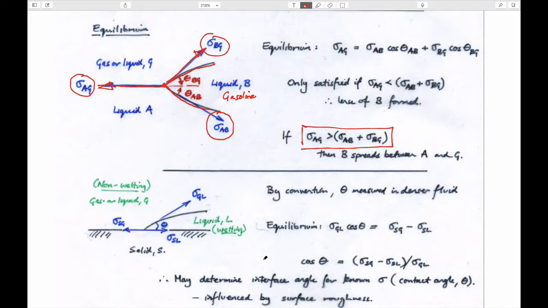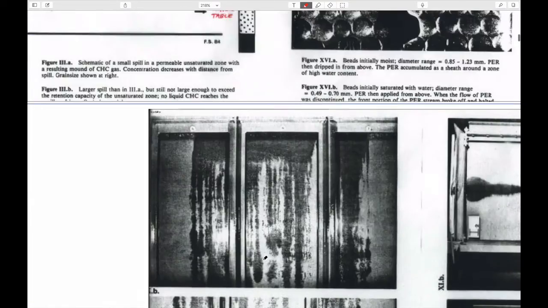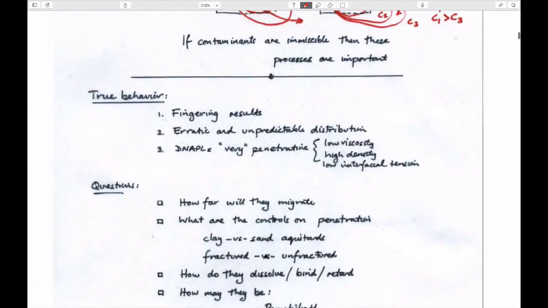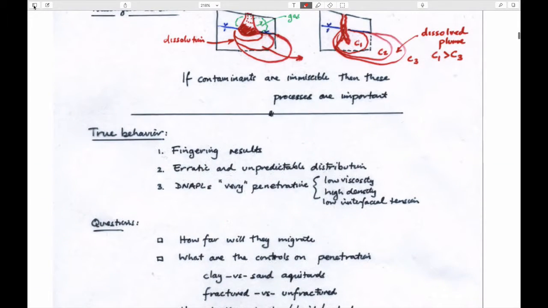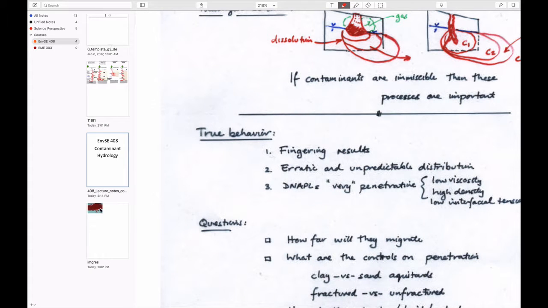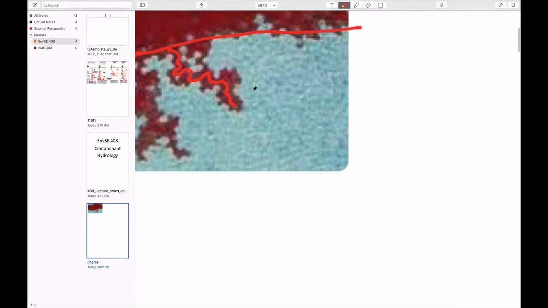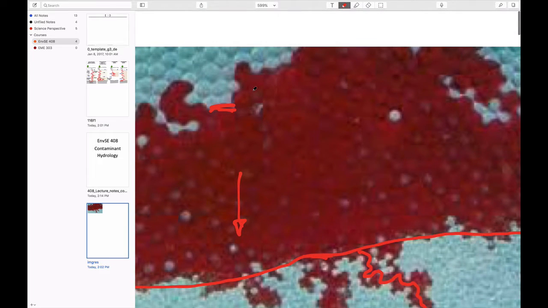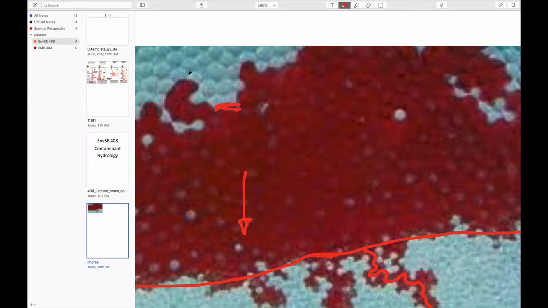But we're not interested in the behavior for these systems in isolation. We're interested in what they look like when we put them together with a bead pack. The system that we'd like to understand is what happens when it's present with an extra component.